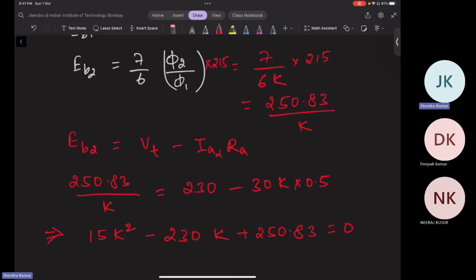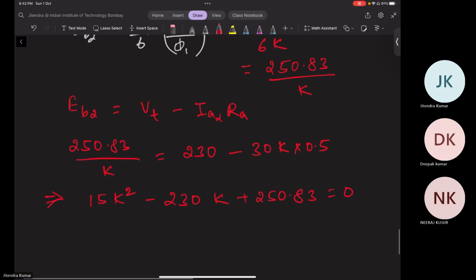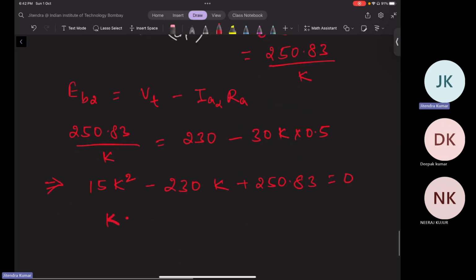You have to solve this. Can you solve it right now? So A is 15, B is minus 230, C is 250.83.